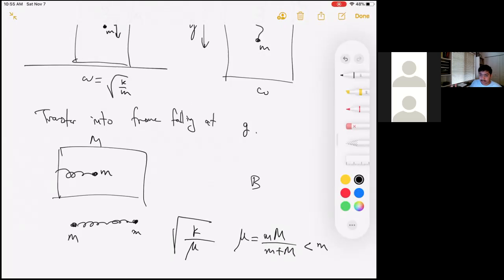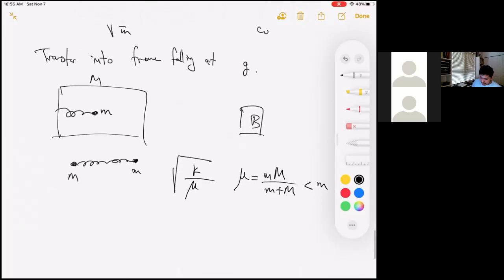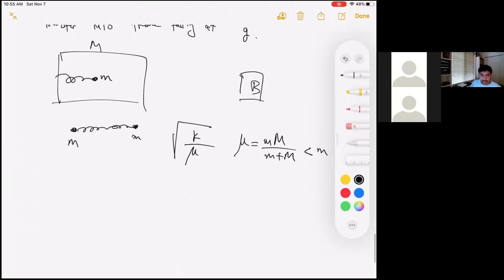So the effective mass increased, the k stayed the same, so therefore the frequency went up and it's B. But this formula is kind of obscure. I'm just going to derive it right now because I think it's really important to see how this works. And then once you have this formula, the answer is obviously B.